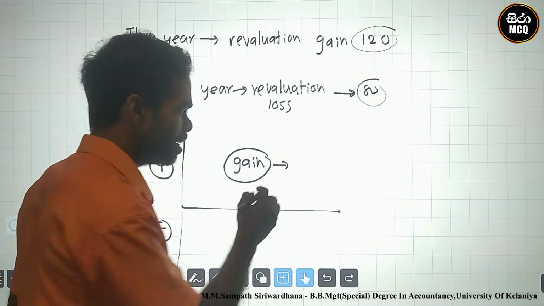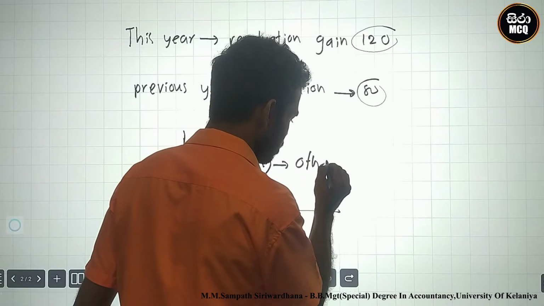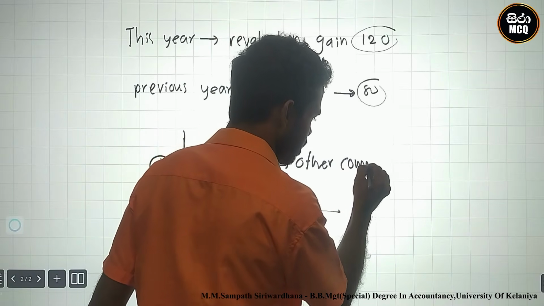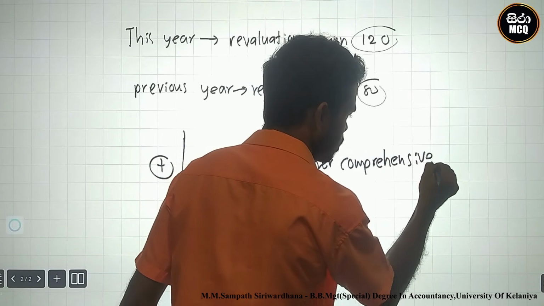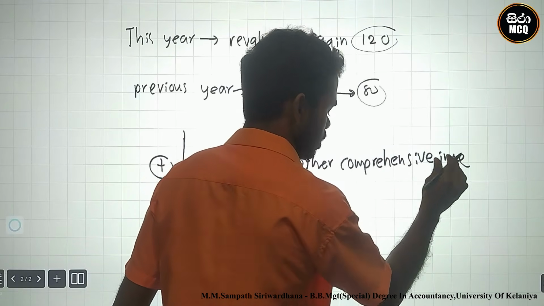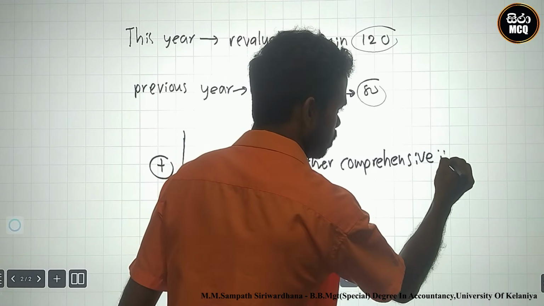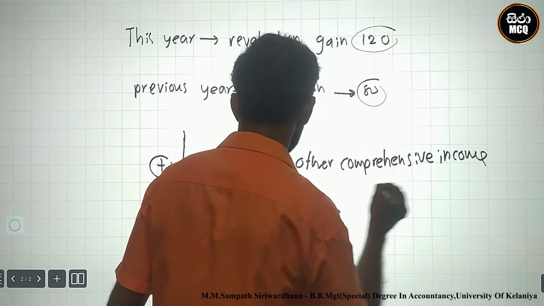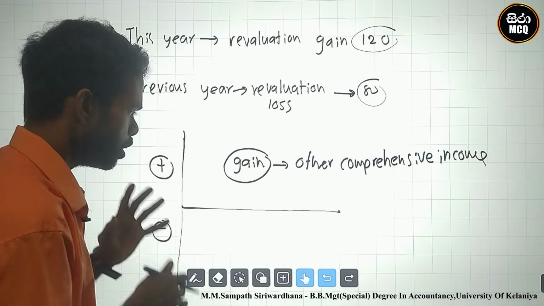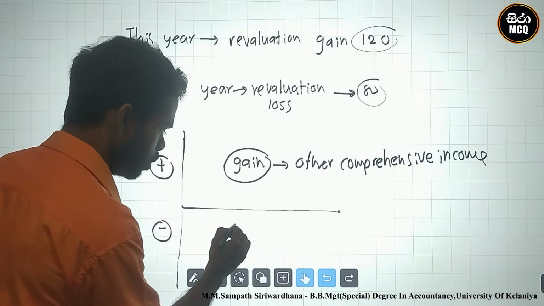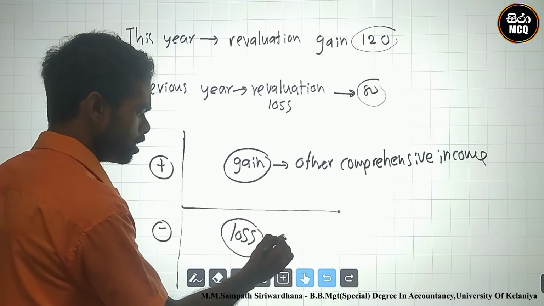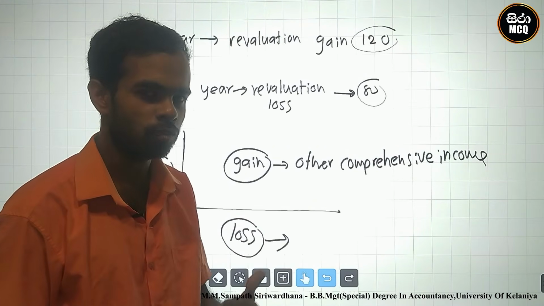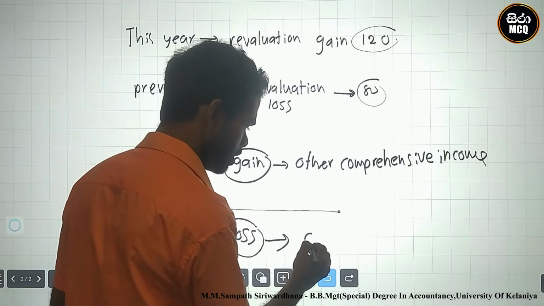Revaluation gain goes to other comprehensive income. This is the area of revaluation gain. What is the other area? It is the loss area. Loss means deficit area. What is the final destination of revaluation loss? Other expense.